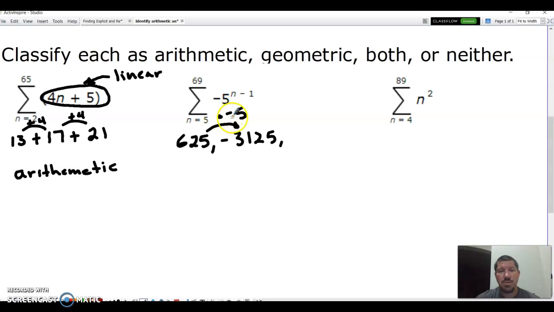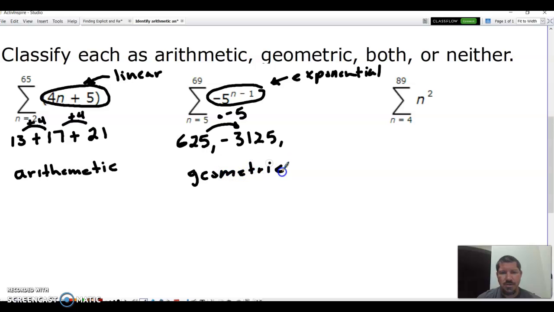Since I multiplied, and again with this one you want to think, as I said in the last video, exponential, right? If I see a linear, it's arithmetic. If I see exponential, it's geometric. In this case, a square or a quadratic is neither.